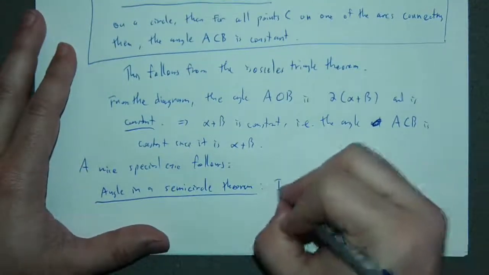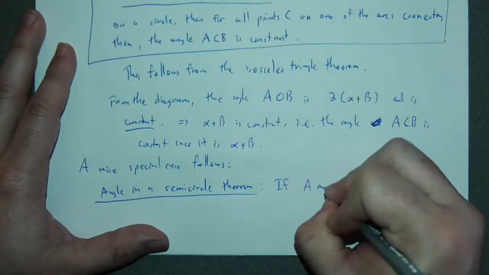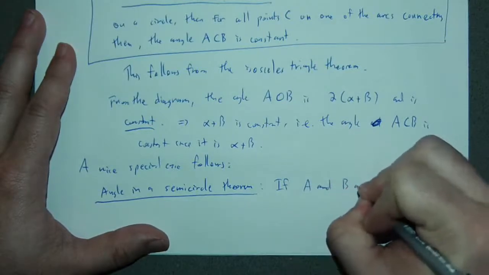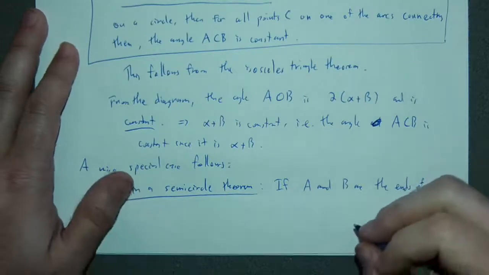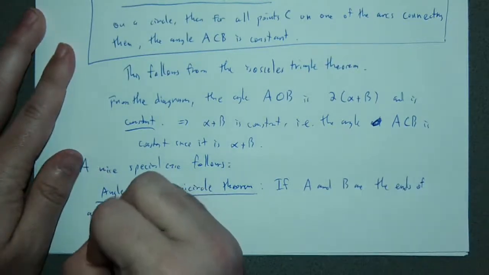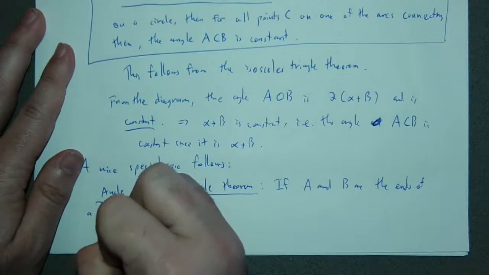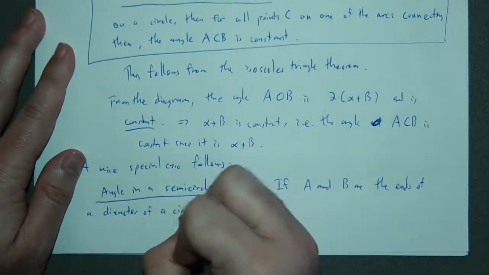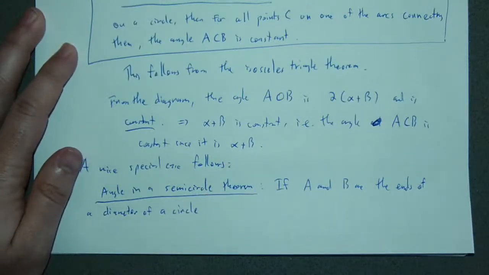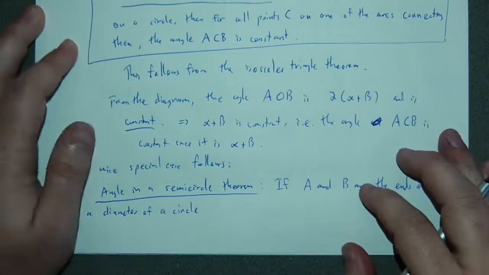That is, if A and B are the ends of a diameter of a semicircle, or of a circle. You can pick either the top or the bottom or left and right half, however your diameter is, right?